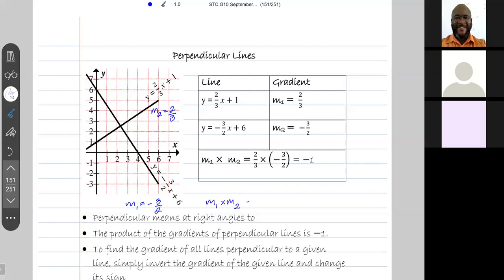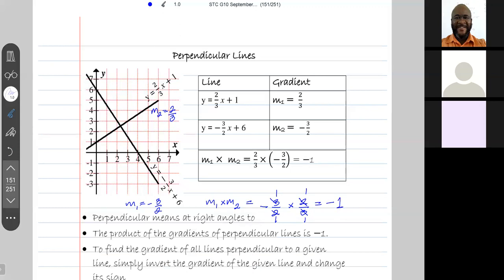First M1 is -3/2 times 2/3. 2 cancels 2, 3 cancels 3. This is -1.